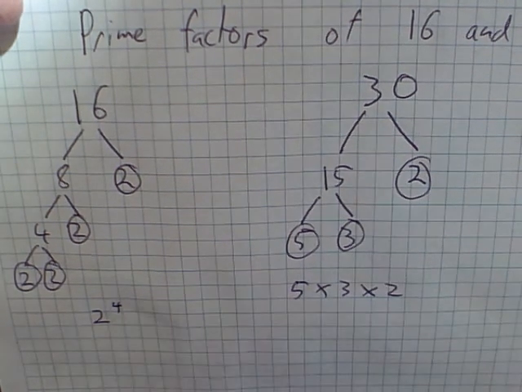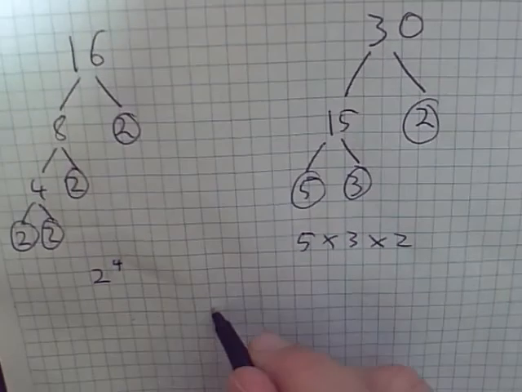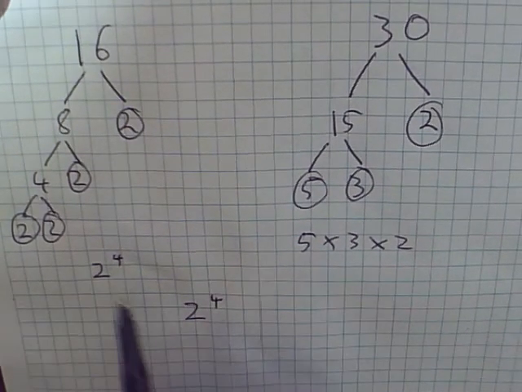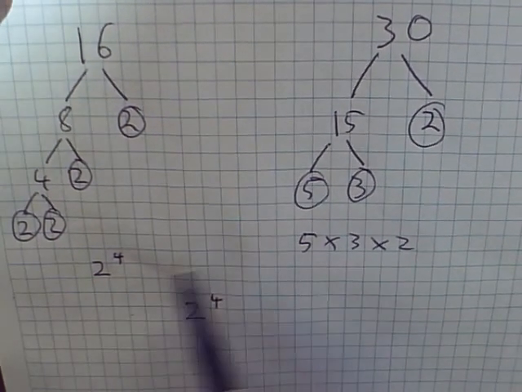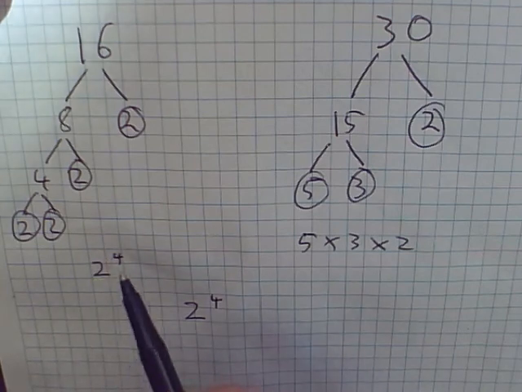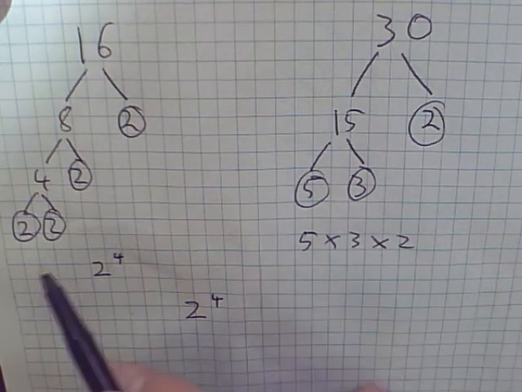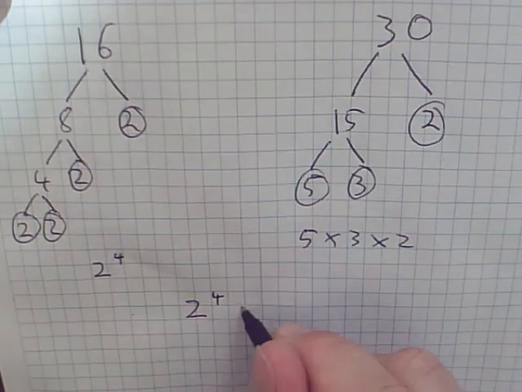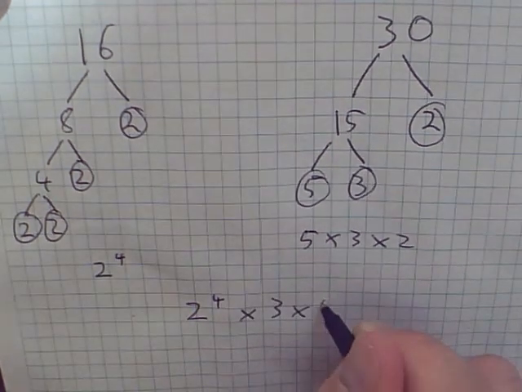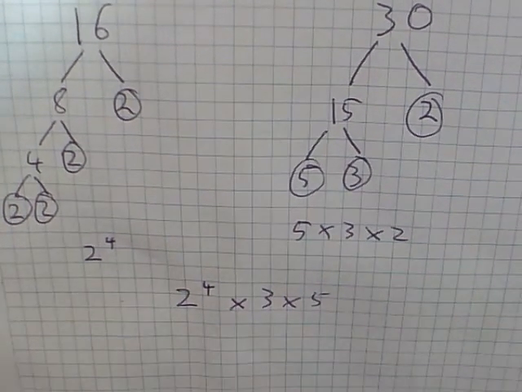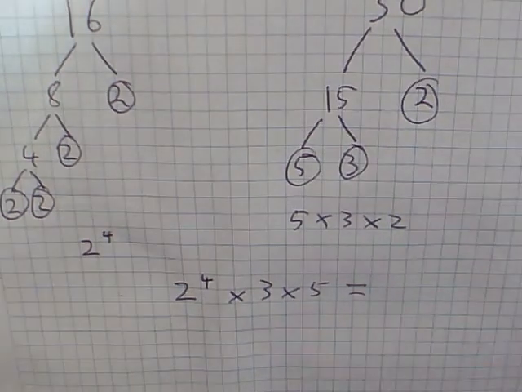This is 2 to the power of 4. So my lowest common multiple is going to include 2 to the power of 4, the highest factor of 2 between these two. Then this one has got 5 and 3, and this one doesn't have any 3s or 5s. So if I multiply by 3 and by 5, this will give me my lowest common multiple.